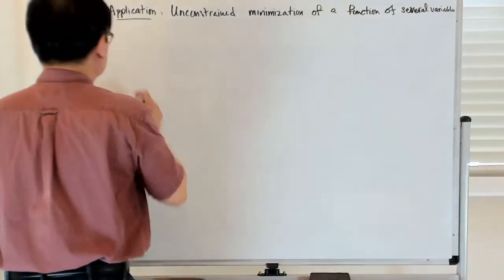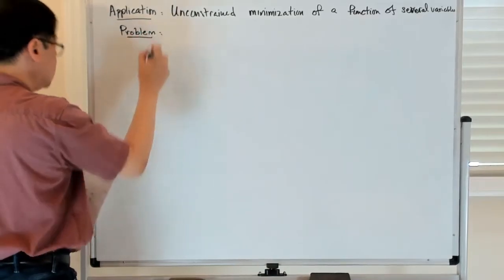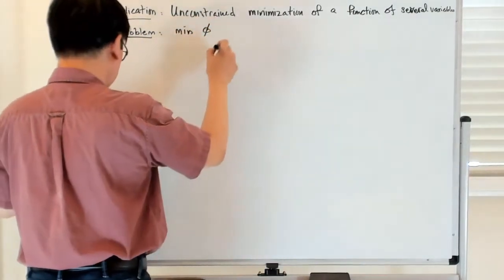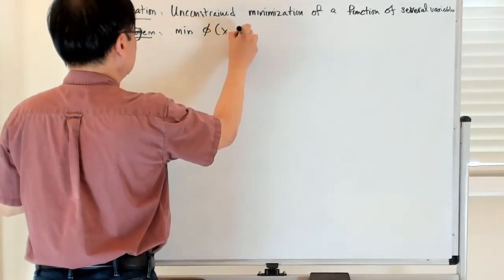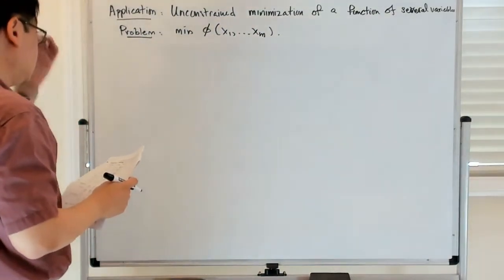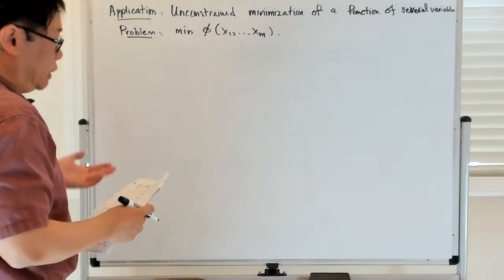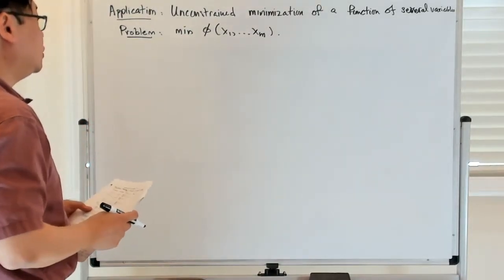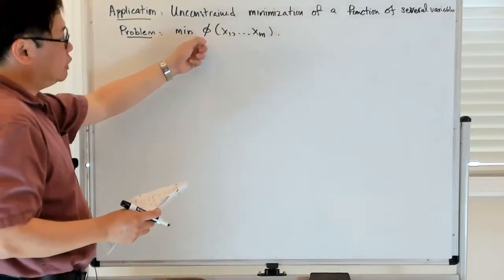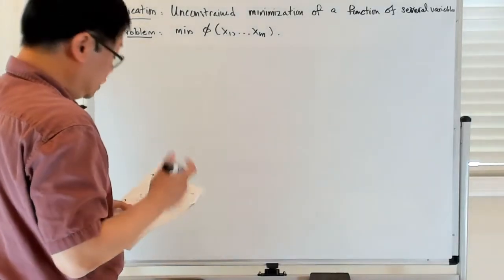So the problem is as follows. I want to minimize some objective function which depends on x1 to xm. If you're looking at this minimization problem, what you want to do is solve the system of equations saying that the partial derivative of this objective function with respect to each of the component variables vanishes.